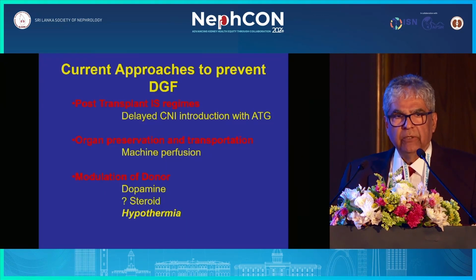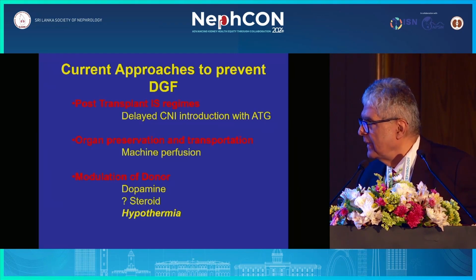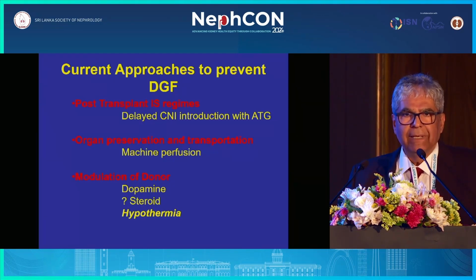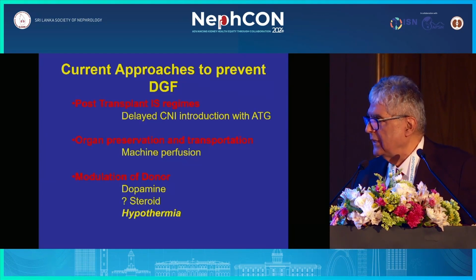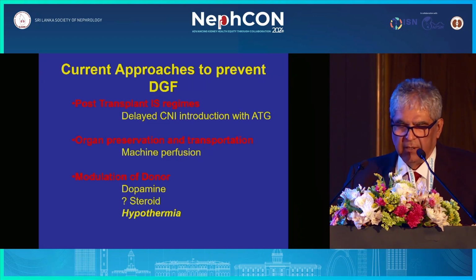One was alluded to, that you can delay the CNI introduction if you give a lymphocyte depleting agent, but I would say that the clinical trials did not show that they prevented delayed graft function. I have the BENEFIT study, which was the belatacept study. Patients who never saw CNI got the same level of delayed graft function as those who got CNI. It is the donor, and how you retrieve the kidney, and how it is transported.